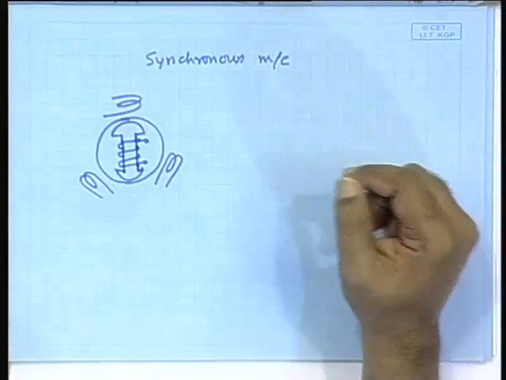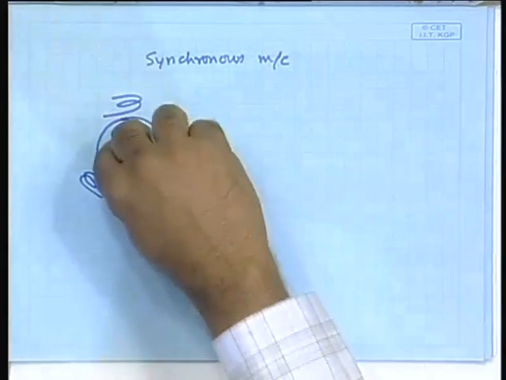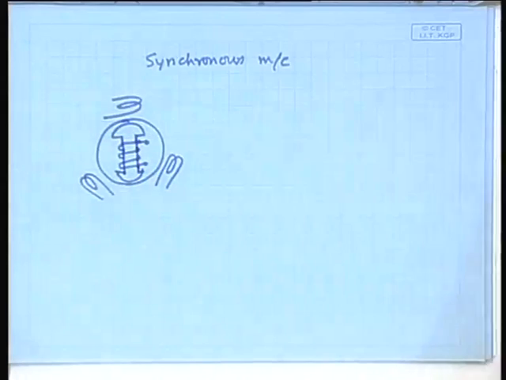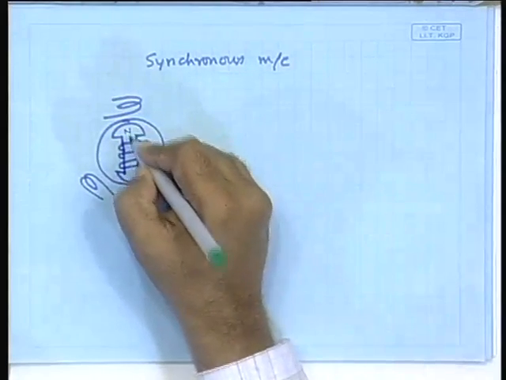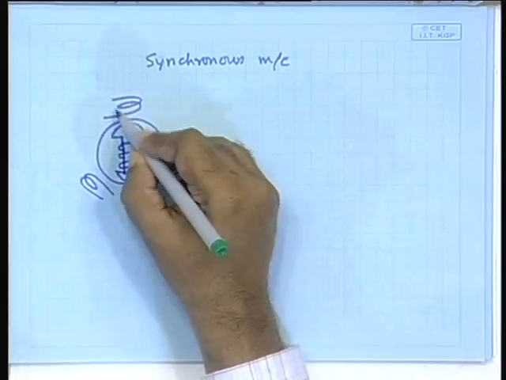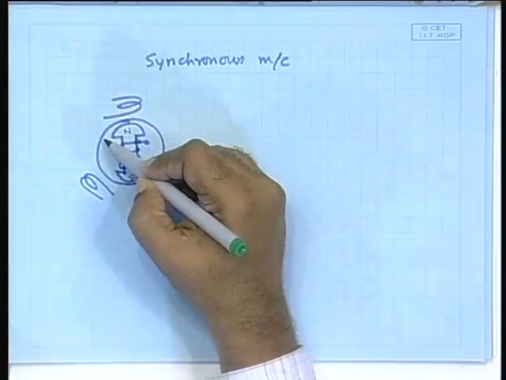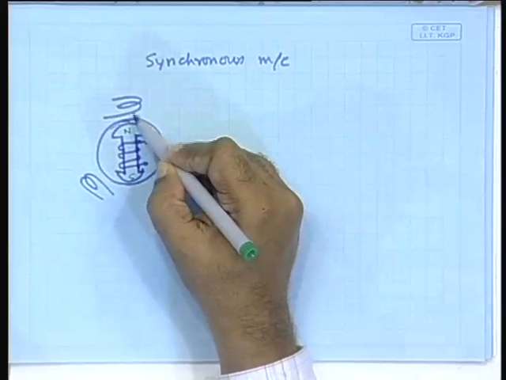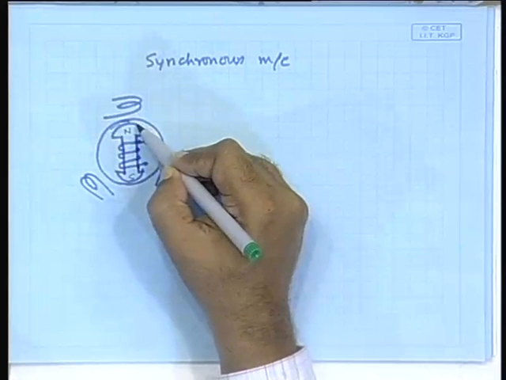It is not difficult to see that as the rotor is rotated, it will pass. Suppose this is our north pole and this is our south pole. The north pole will pass below this solenoid, this winding, and the winding will see a maximum rate of change of the flux when it is just passing by.